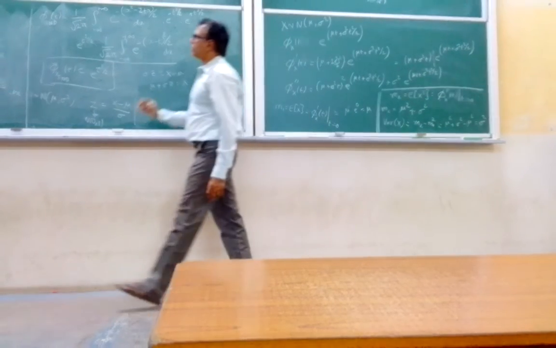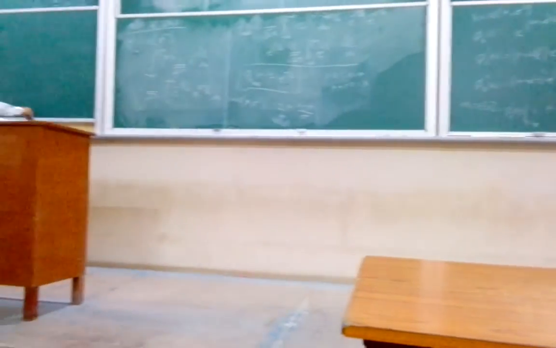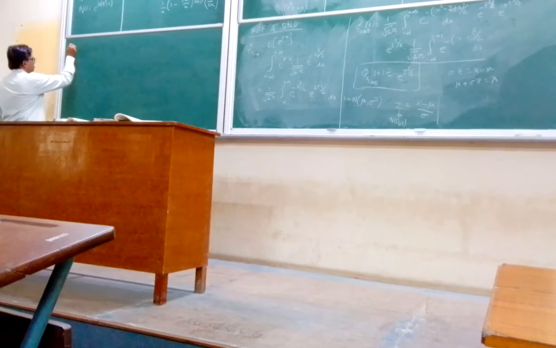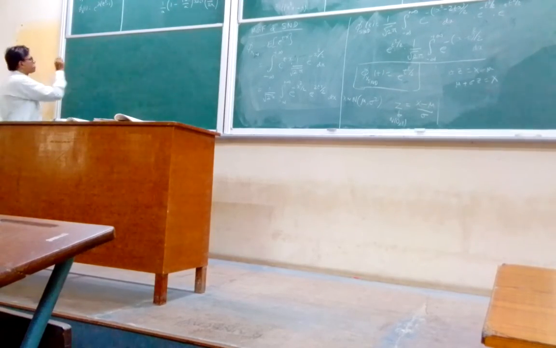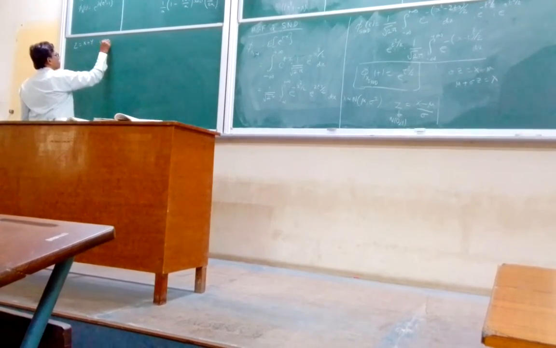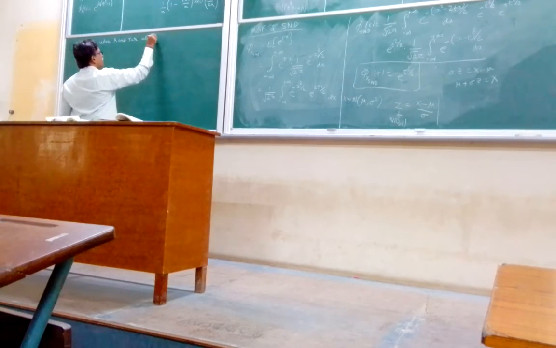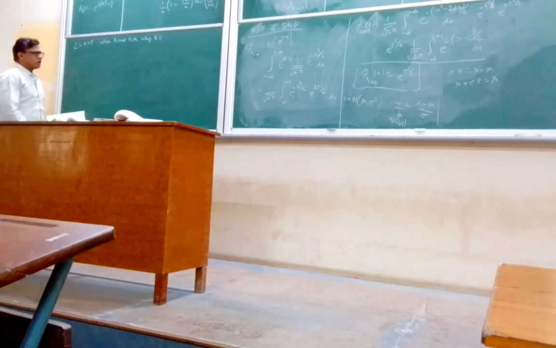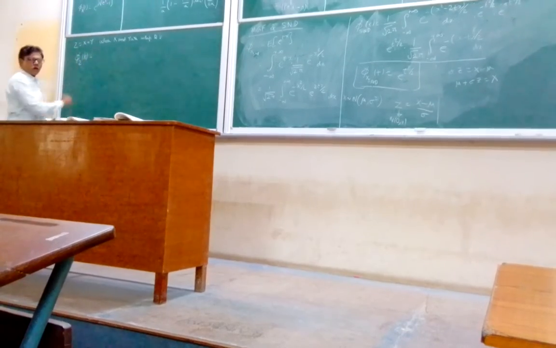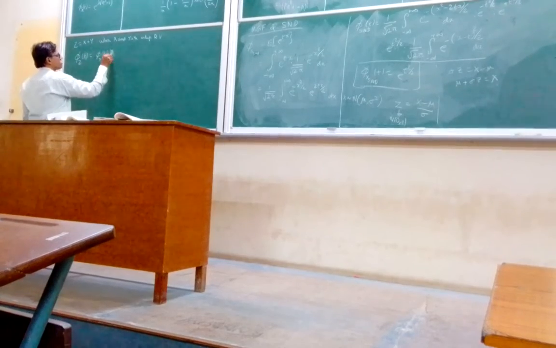So once we have this, the other thing we have already, I think I have already shown, is that if Z is equal to X plus Y, where X and Y are independent random variables, then psi Z of t equals psi X of t into psi Y of t.